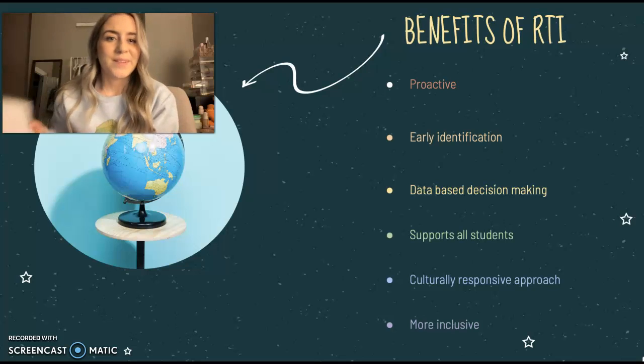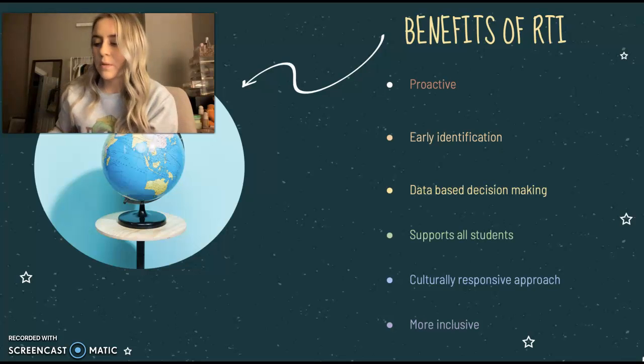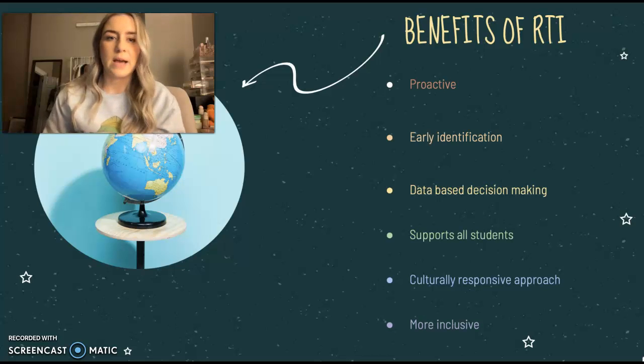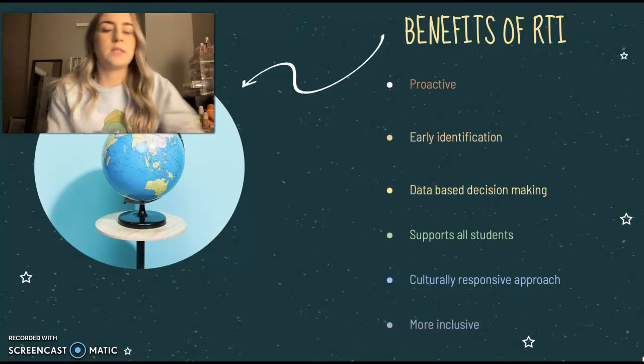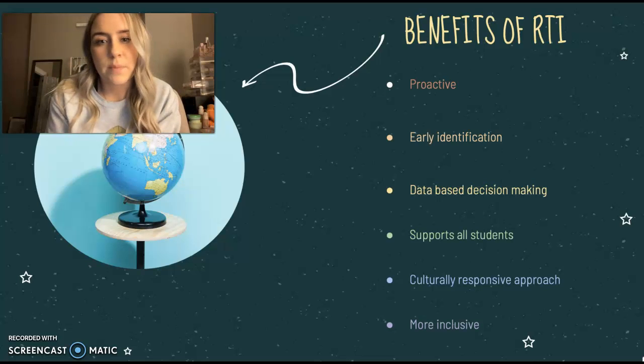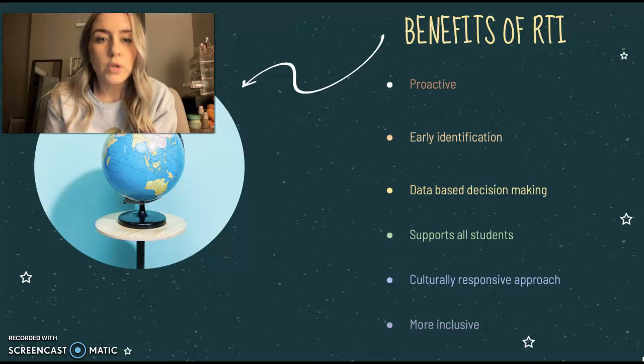Why does this matter? What's the difference? Well, one of the biggest reasons why RTI is the preferred method versus the discrepancy model is that it's proactive. It is providing support on multiple levels, a baseline for all students in Tier 1. It allows special educators to identify students who are struggling earlier, and provide them with supports before their struggles grow and grow.